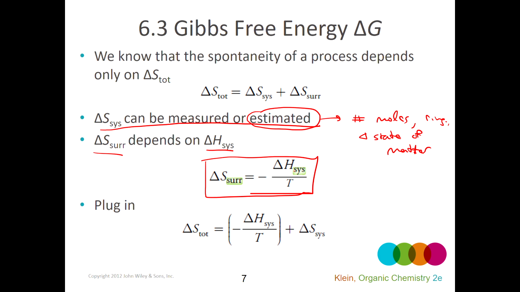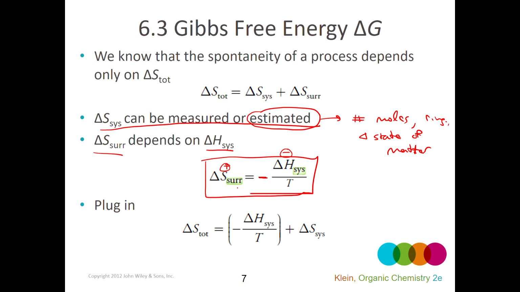Right? If the enthalpy is negative because it's releasing energy into the surroundings, this negative sign here, negative times a negative, gives me a positive value for the entropy change. And that's what we said, right? If the system's releasing energy into the surroundings, the temperature and variety in the surroundings goes up, a positive change.